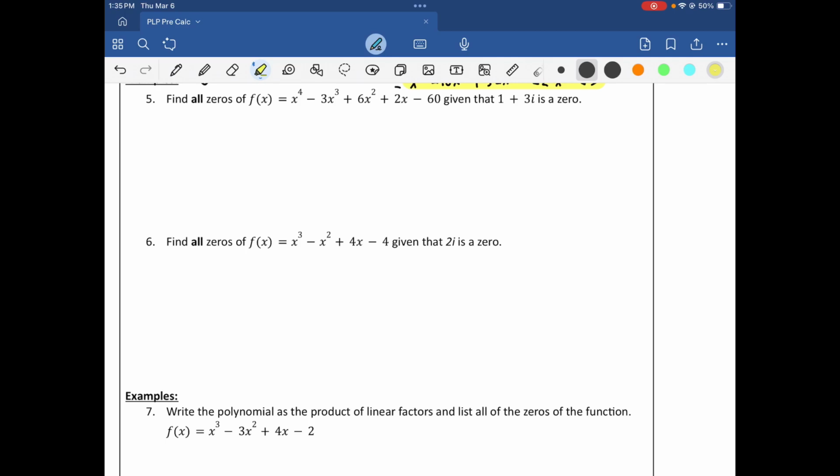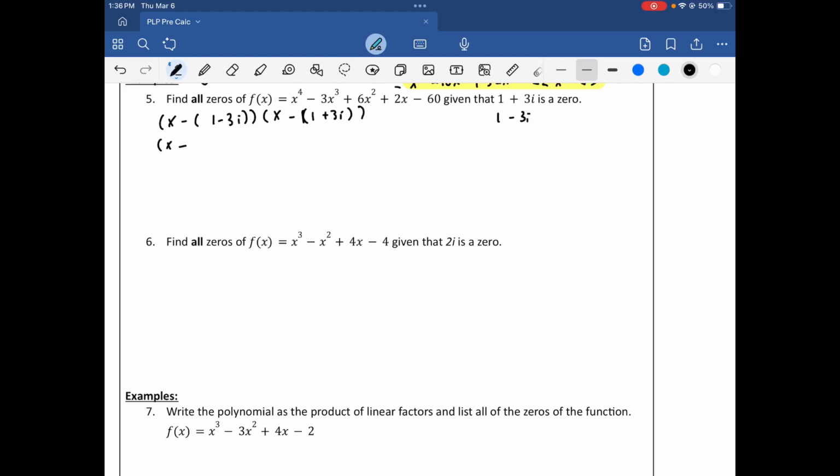Okay, so if we're given that 1 plus 3i is a 0, we also know that 1 minus 3i is a 0. So we're going to go ahead and find what that is. So if we know x minus 1 minus 3i is a factor, and x minus 1 plus 3i is a factor.